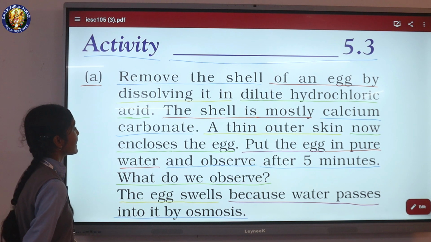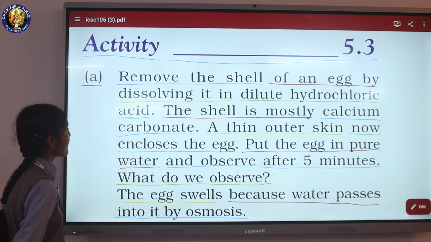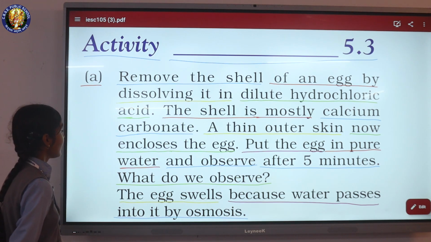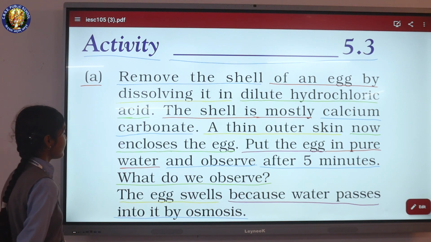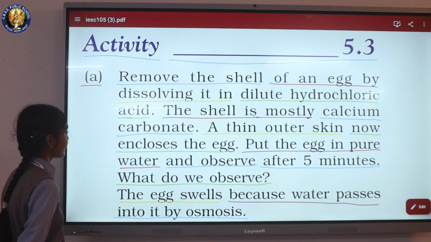The thin outer skin now encloses the egg. Put the egg in pure water and observe after 5 minutes. What do we observe? The egg swells because water passes into it by osmosis.